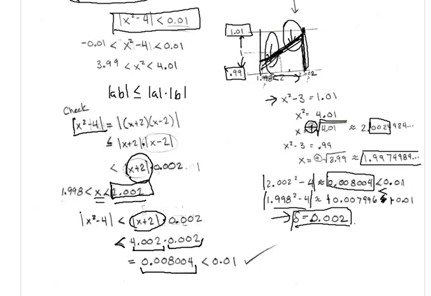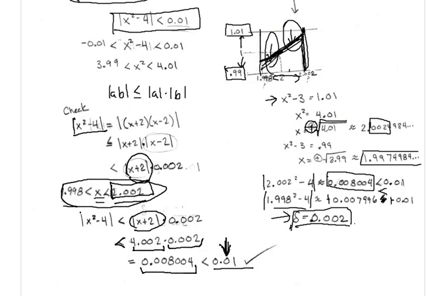And 0.008004 is less than 0.01, the height that I was trying to get my box to be within. So now, without just checking the endpoints, I know that for any value of x within this interval, I'm guaranteed to have a height of every value of my function to be less than that given height that was just shown.